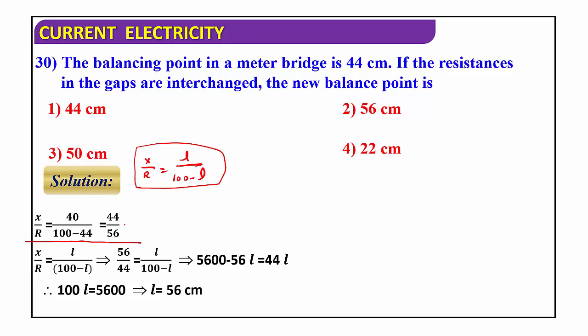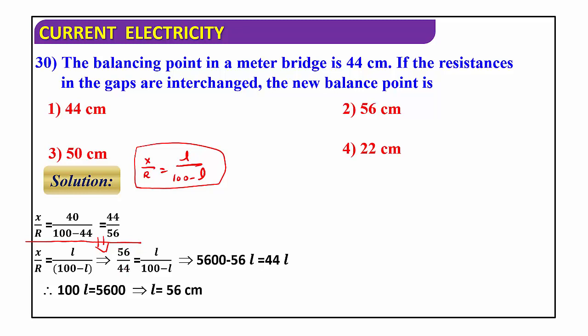But if the resistances are interchanged, then the same equation can be written as 56 by 44 because they are exchanged here. Is it clear? So when they are exchanged, we write unknown resistance as 56 and known resistance as 44.